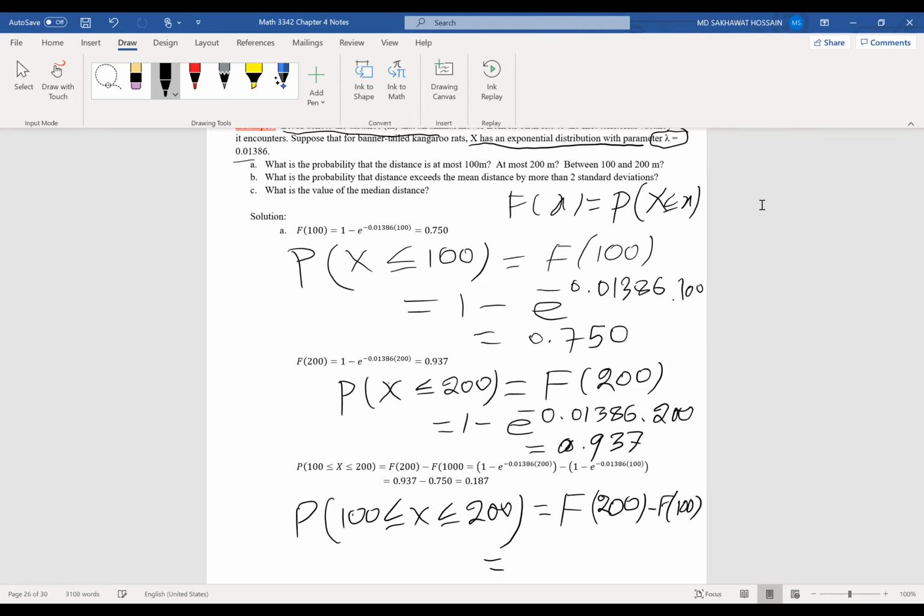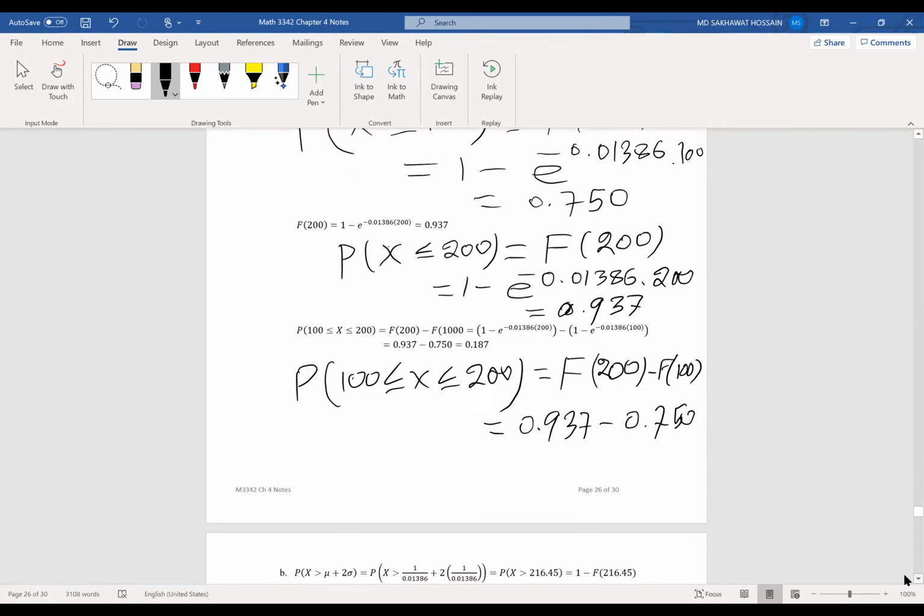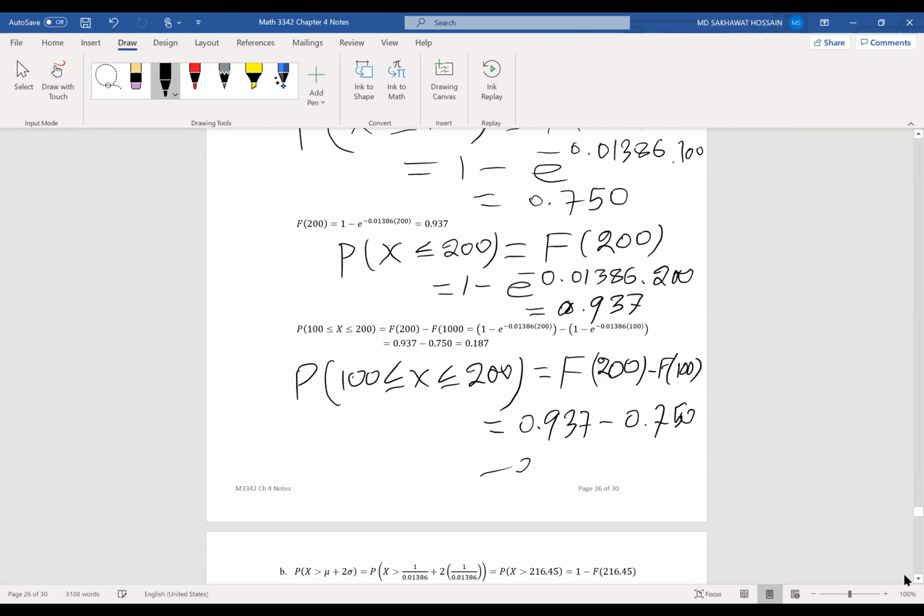You already know F(200) is 0.937, minus F(100) which is 0.750. If you simplify this, it will be 0.187. So this is the probability that the distance is between 100 and 200.